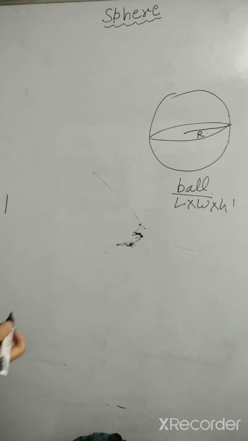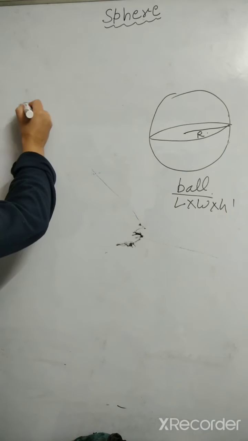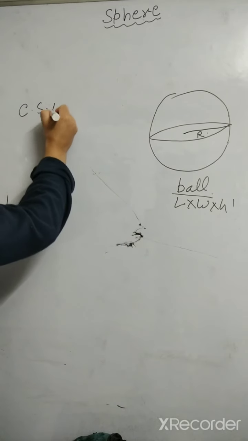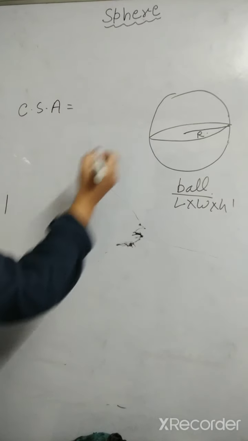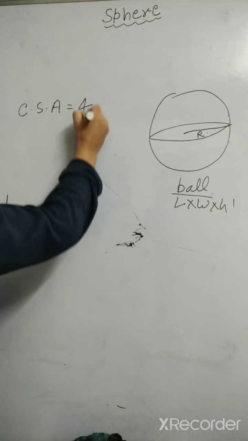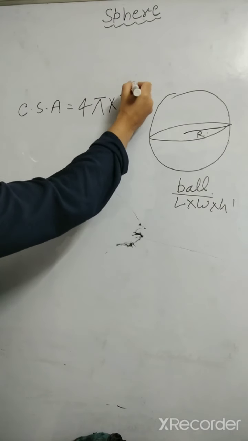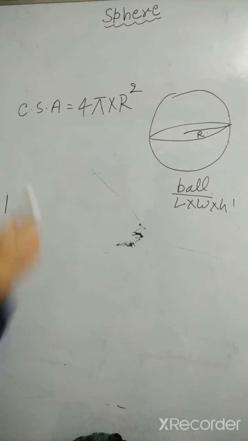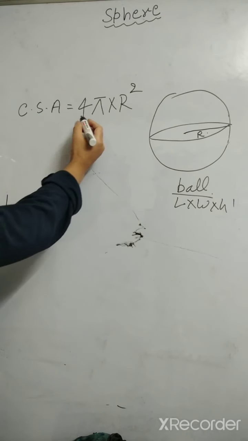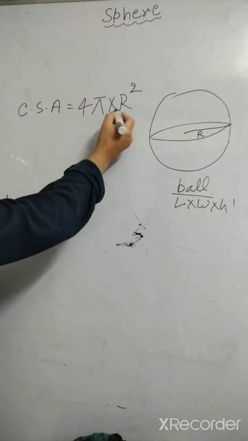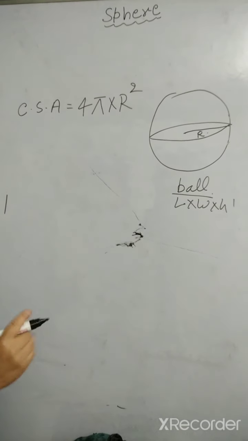So whenever you are asked to find its curved surface area, the curved surface area of a sphere is 4 into pi into r square. So curved surface area of a sphere is how much? 4 pi into square of its radius.